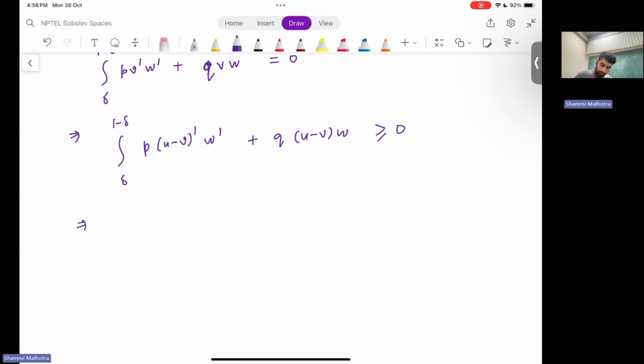And this will imply negative of delta to 1 minus delta p of u minus v negative part whole derivative, which is nothing but w only now, w dash plus q into u minus v. So negative will be there in both.